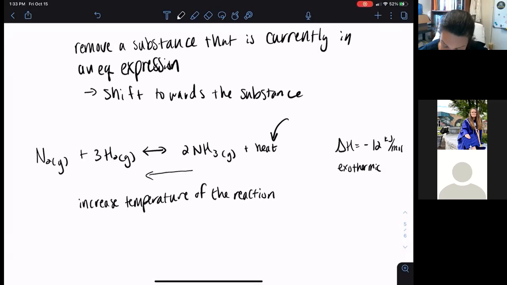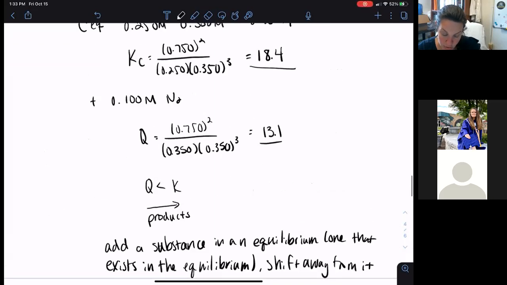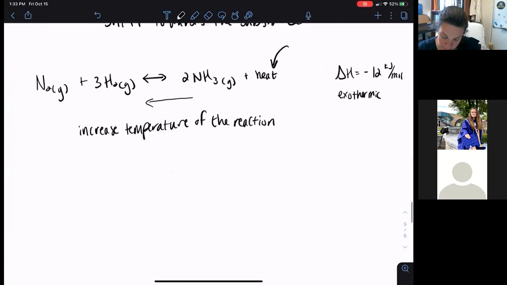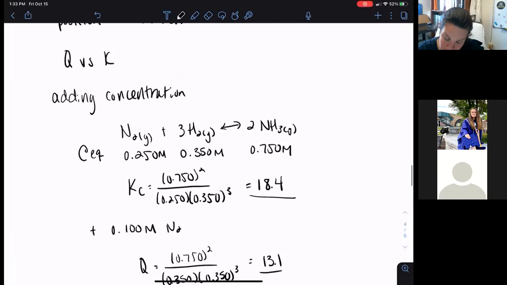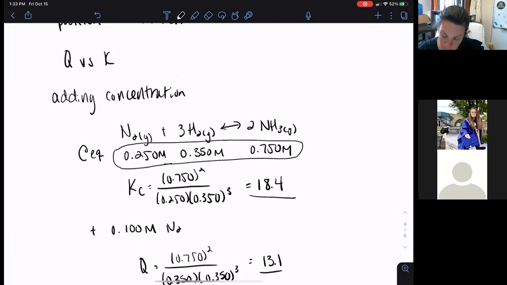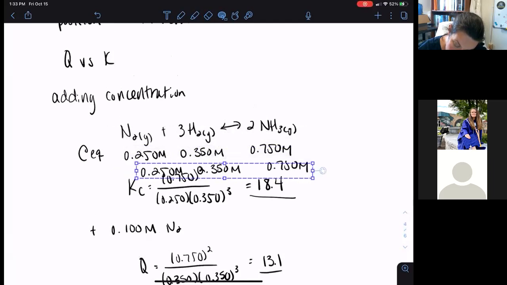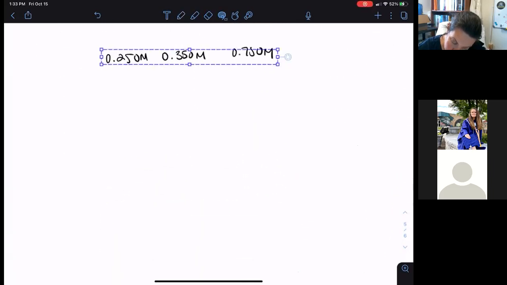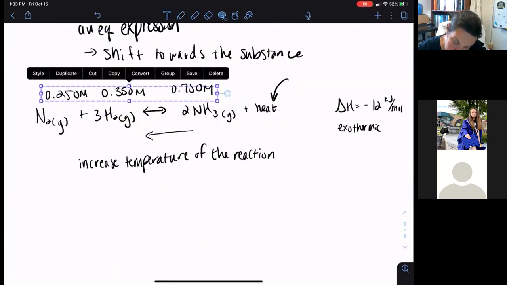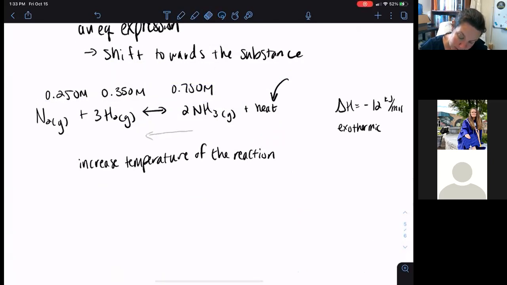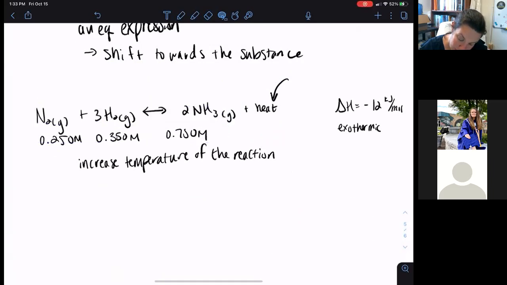So if we add heat, and instead of having these concentrations right here, let's say we still start out with these concentrations, but now we increase the temperature of the reaction.